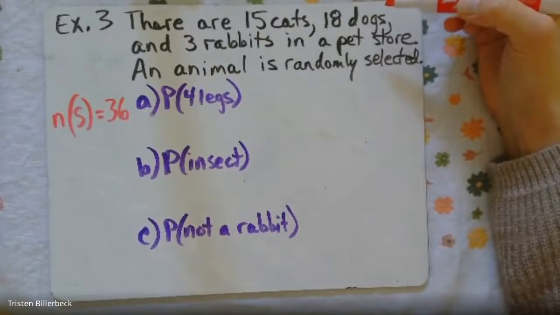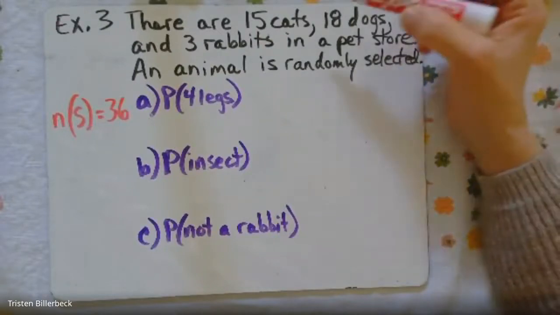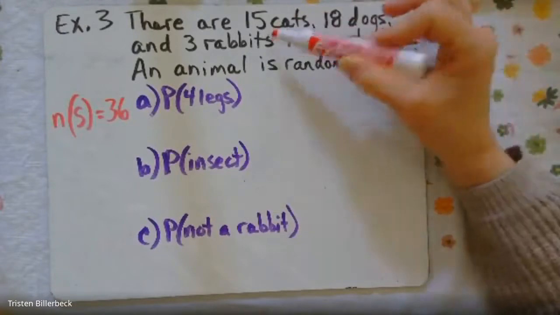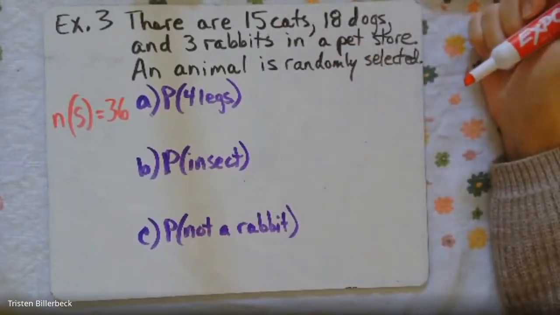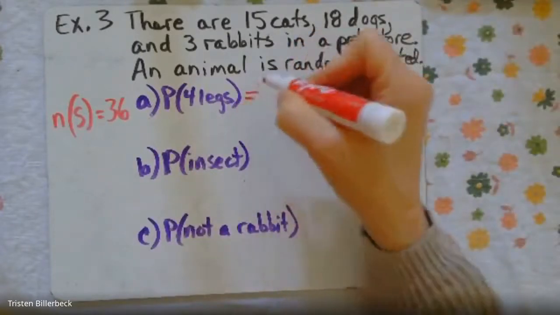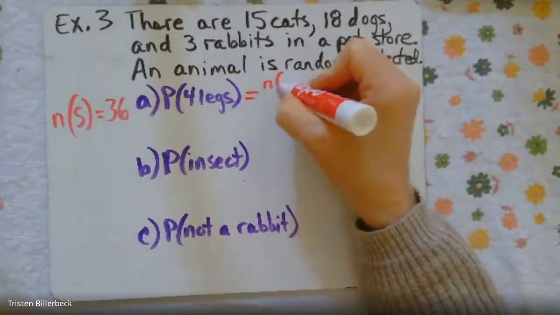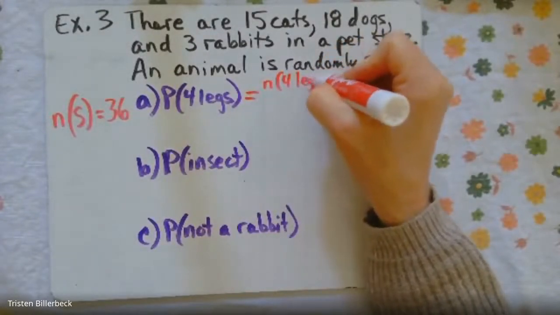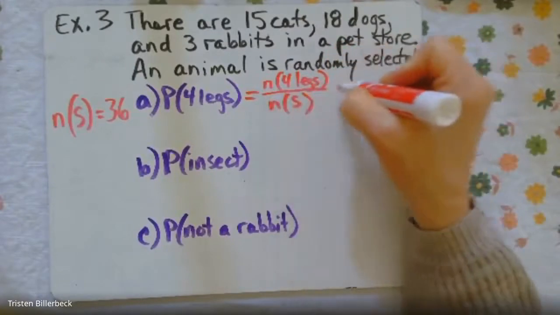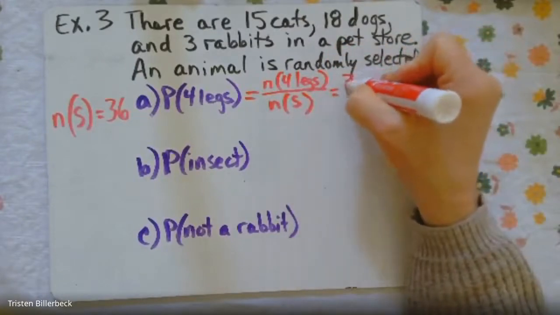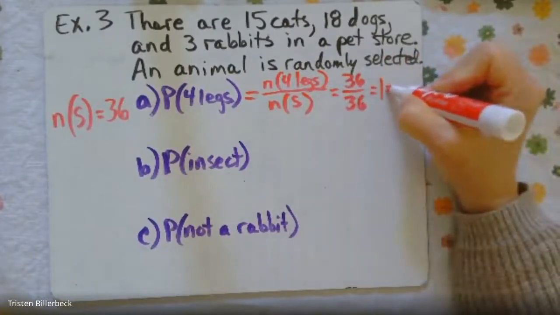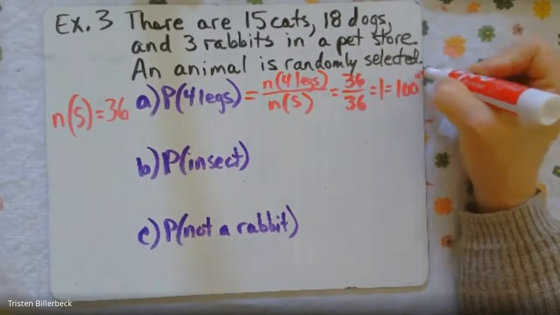Okay, then we look at 4 legs. Cats have 4 legs, dogs have 4 legs, and as far as I'm concerned, rabbits have 4 legs. So I am going to have to say that the number with 4 legs over the number of the sample space is 36 over 36, which is 1, which is 100% probability.